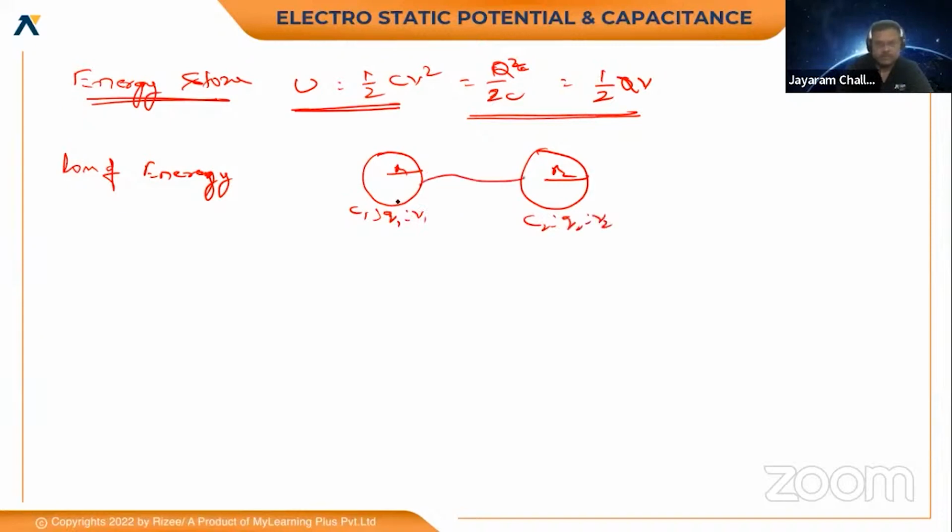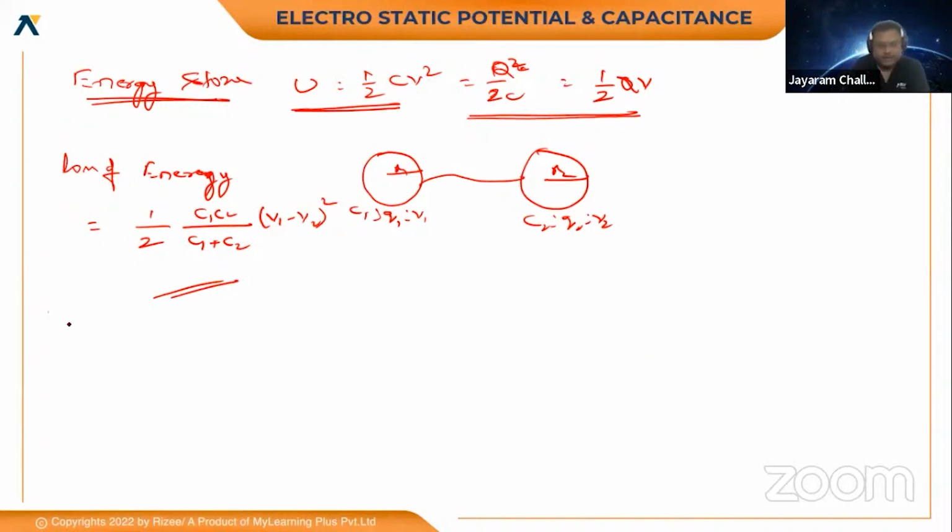These two are connected by a connector. Loss of energy is equal to half C1 C2 by C1 plus C2 into V1 minus V2 whole square. Loss of energy is the initial energy minus the final energy. You can write that.